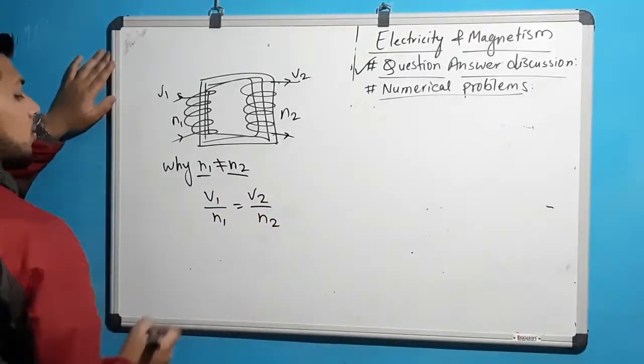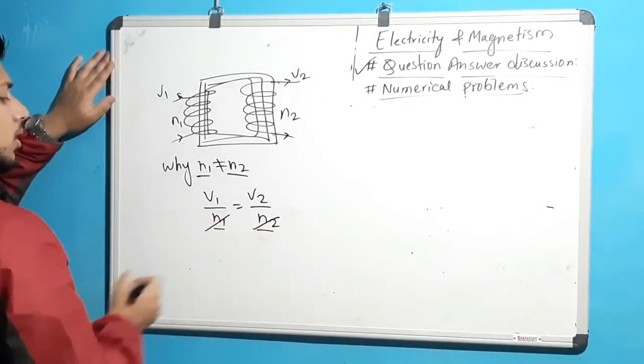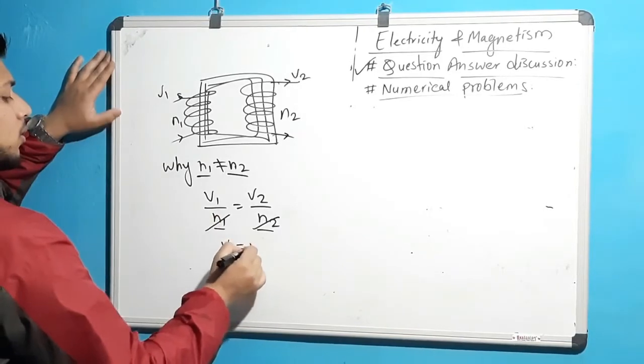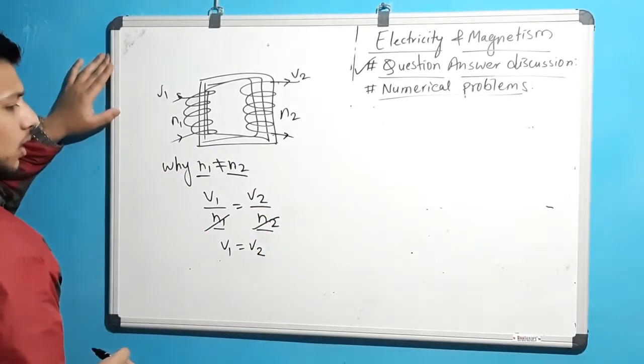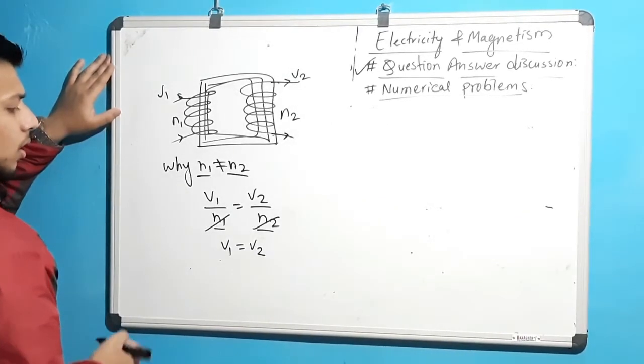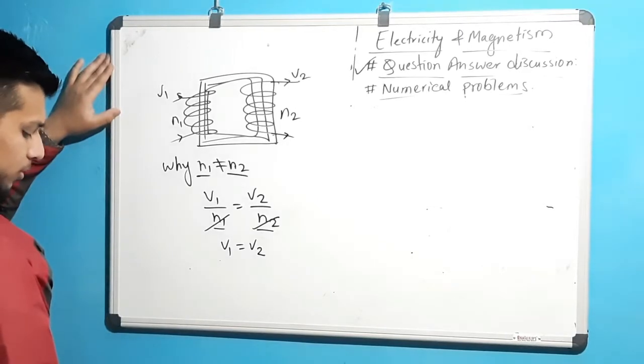This is the principle of transformer. If these two become equal, then they cancel, so V1 equals V2. Whatever input we give, the same is the output. This is meaningless. So the number of turns are not equal in a transformer.